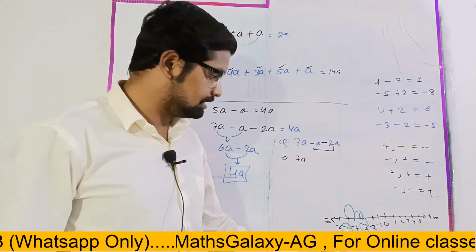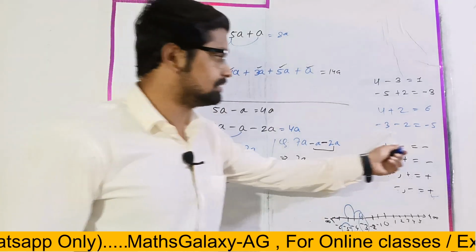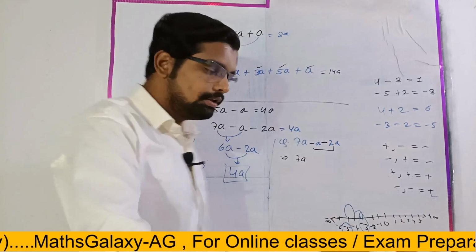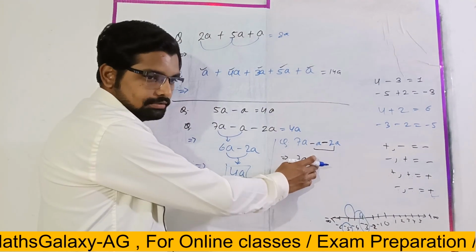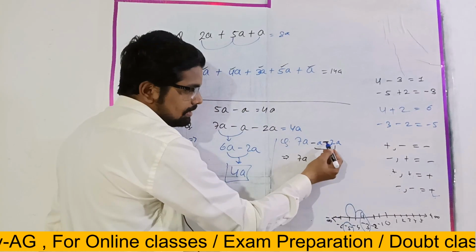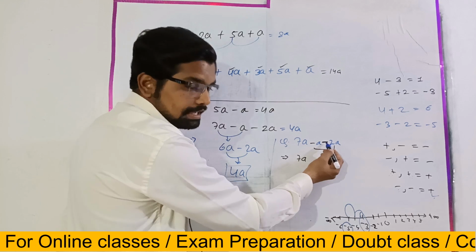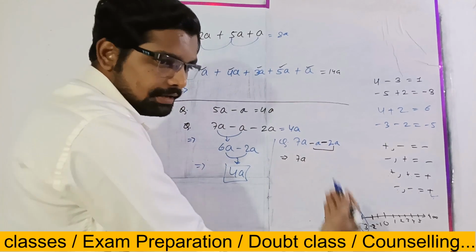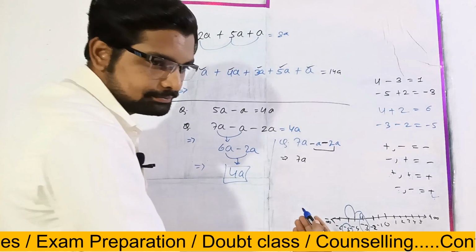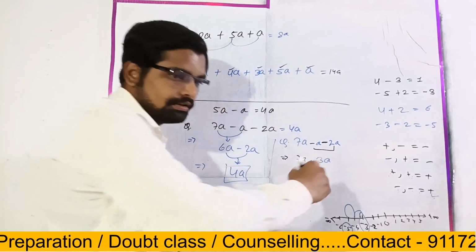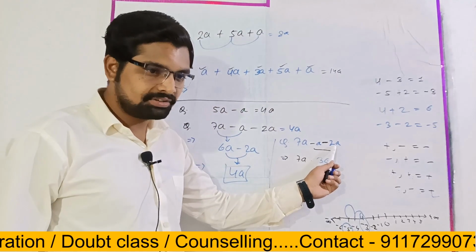So this is the explanation with the number line, or this is the direct explanation with the help of this trick. Okay, now come to our topic, minus minus plus. So minus minus, it will be plus, a plus 2a, so it would be 3a, and the sign will be that of the greater one.